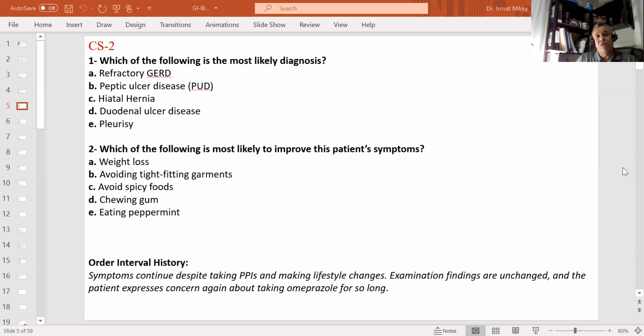The pain of the duodenal ulcer is more often improved with eating. This is the difference in pattern between these two types of PUD, gastric ulcer versus duodenal ulcer. The gastric ulcer gives abdominal pain that may or may not be worsened with eating, while the pain of the duodenal ulcer is more often improved with eating.